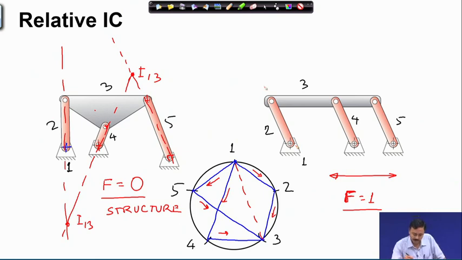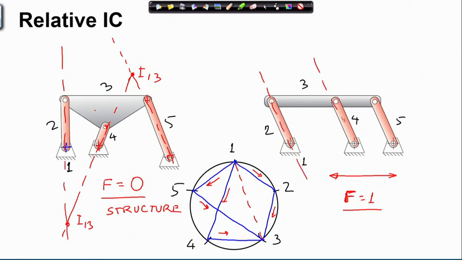And if you again calculate or find out the relative IC I13, they must lie on these 3 lines as we had done here, and all these lines meet at infinity. So, 3 is in translation with respect to the ground. So, in the case of the mechanism on the right, you have motion, because the relative IC of 3, whichever way you calculate, comes at infinity. So, therefore, this can move.